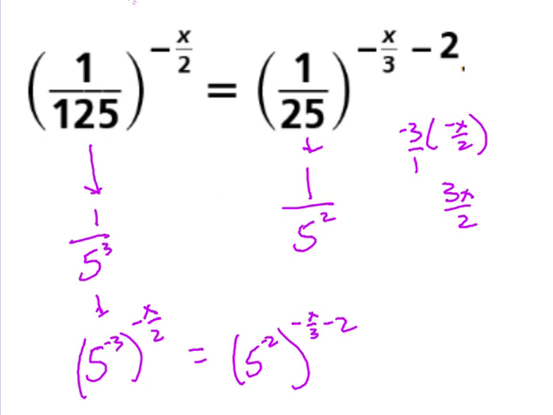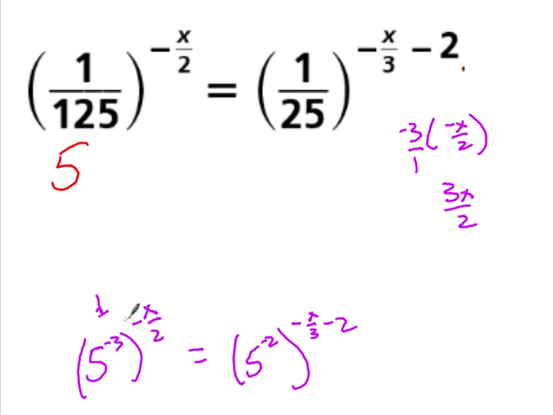Okay, so I'm going to erase this if we're okay with that, so I can start working above. We'll change the color here. So this, I just multiplied these two values. So this became 5 to the power of 3x over 2. Now I have to multiply my negative 2 over here. So really I have negative 2 times negative x over 3 minus 2. It's a distributive property.